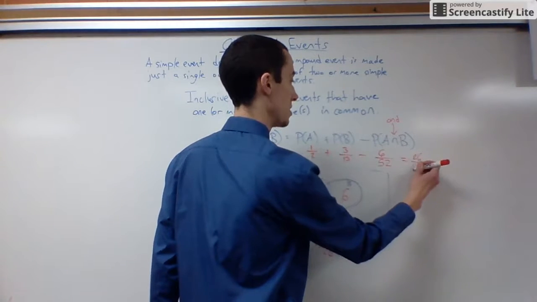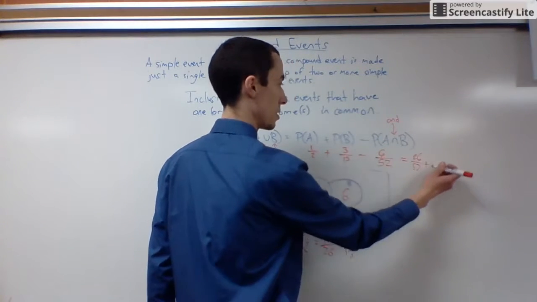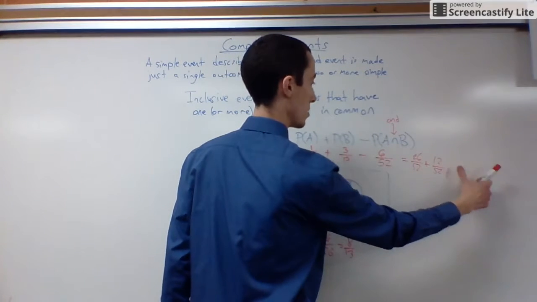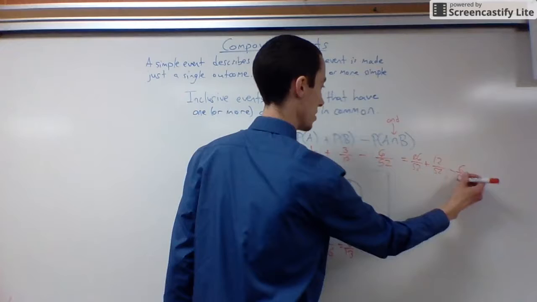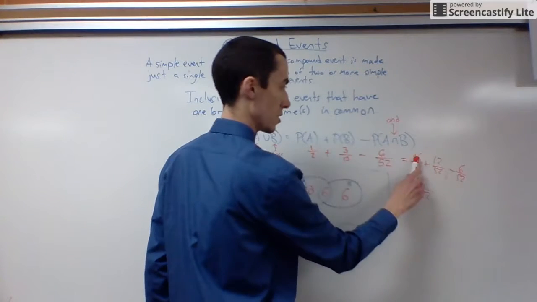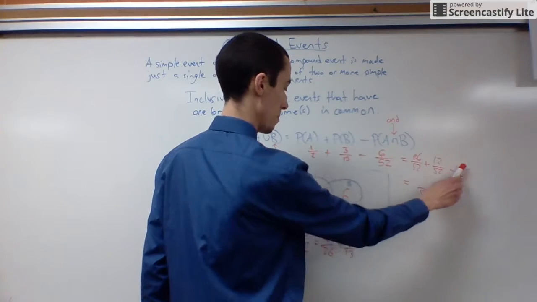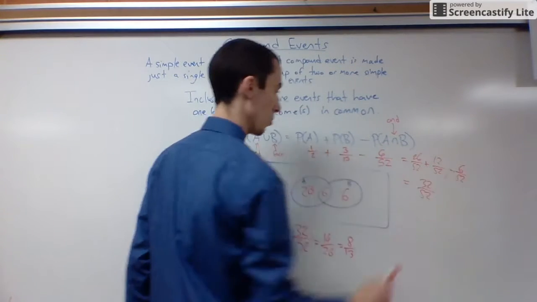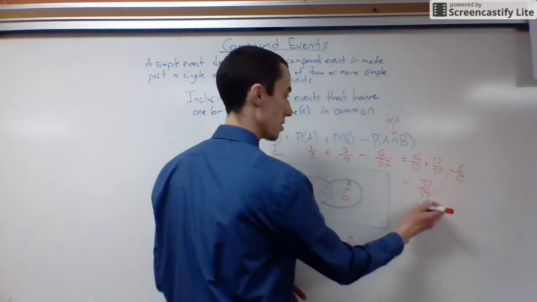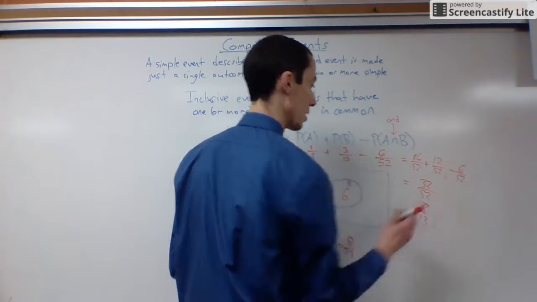It's 26 fifty-seconds plus 12 fifty-seconds minus 6 fifty-seconds. 26 plus 12 is 38, minus 6 is 32, which we saw earlier simplifies down to 8/13. And so we get the same answer either way.